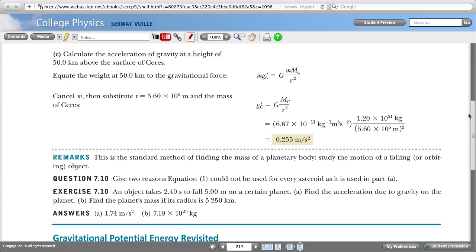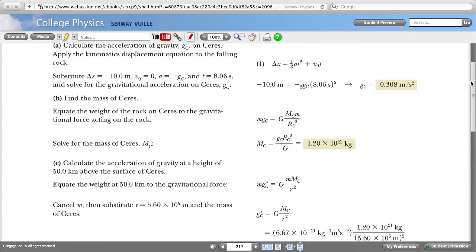Now, in this particular problem, I want you to notice that we're setting weight equal to gravitational attraction. Well, isn't that true? The gravitational attraction force that two objects feel is equal to the weight of an object on a planet if those two objects that are being attracted to each other are an object and a planet, right?